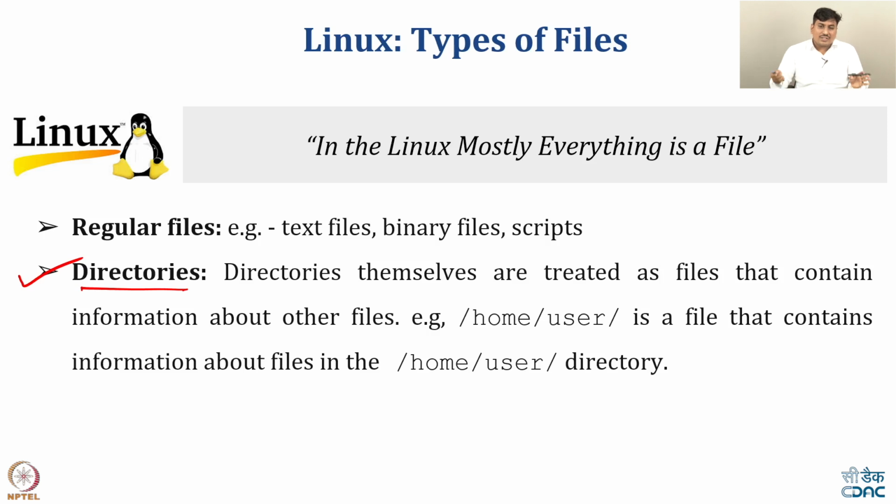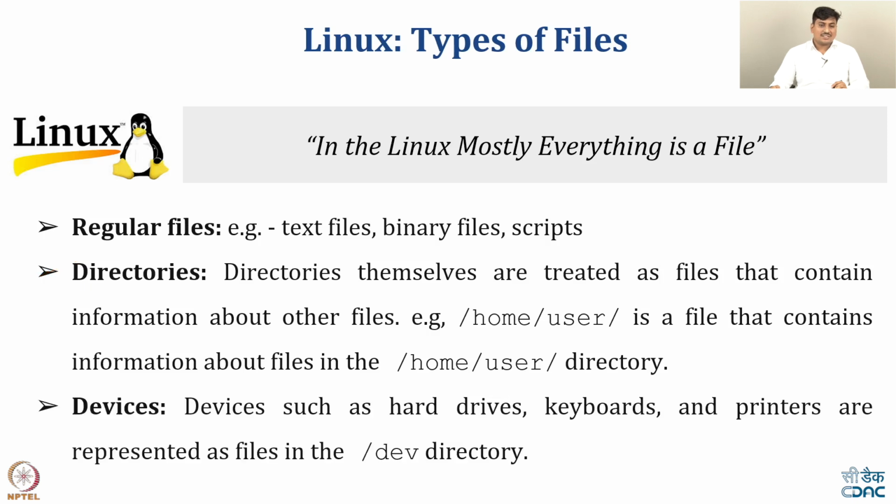If we compare this concept with Windows, there we talk about folders, where one folder consists of other folders or files. Similarly, here directories are nothing but folders which contain other files or directories.